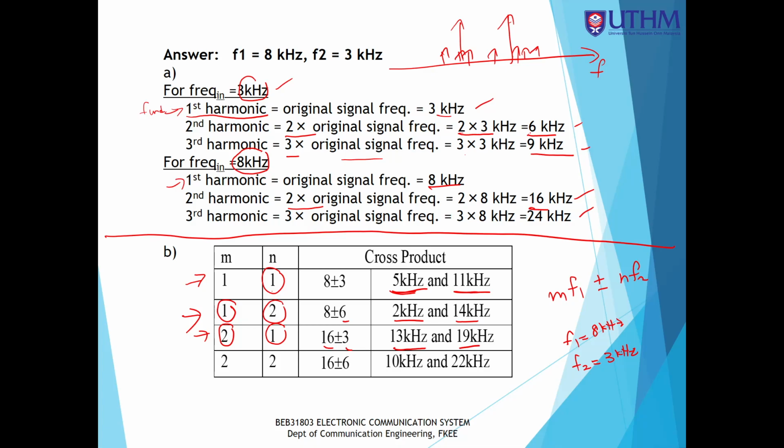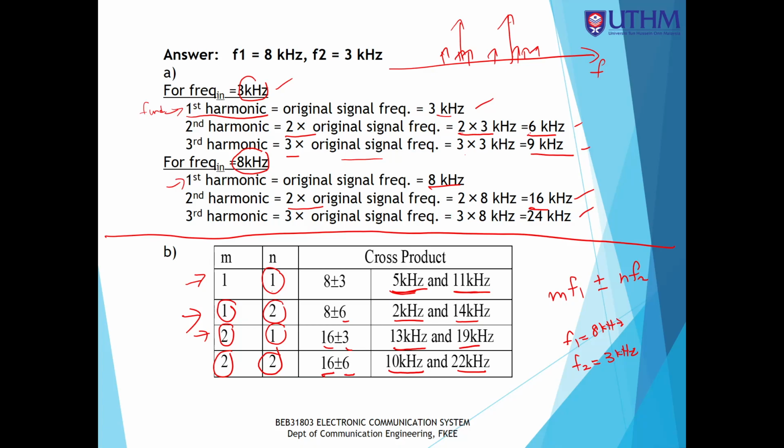Then M equals 2, N equals 2. So 2 times 8 we get 16, 2 times 3 we get 6. 16 minus 6 we get 10 kilohertz for the difference. 16 plus 6 we get 22 kilohertz for the V sum.